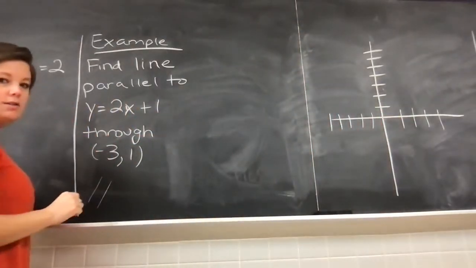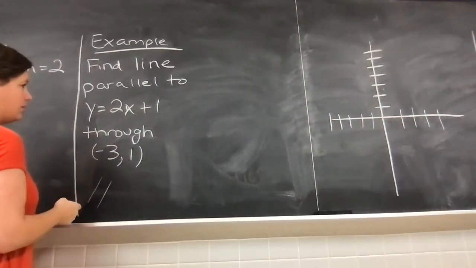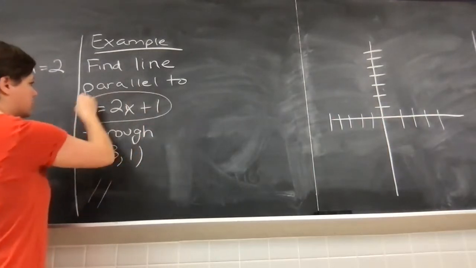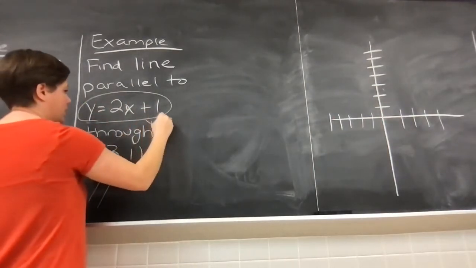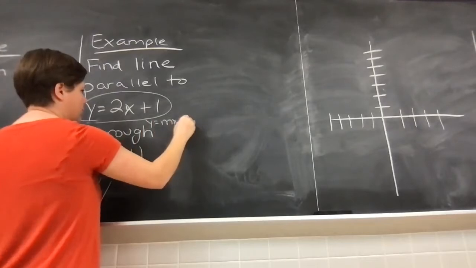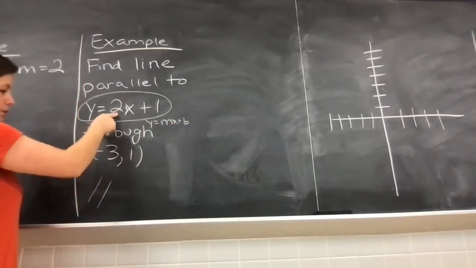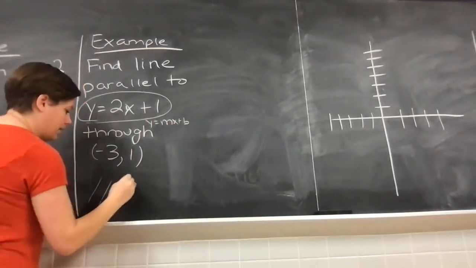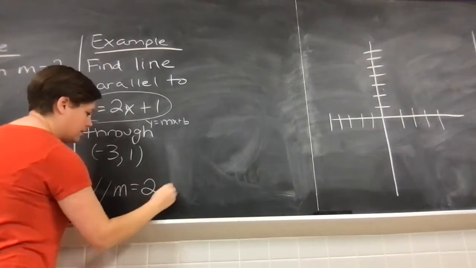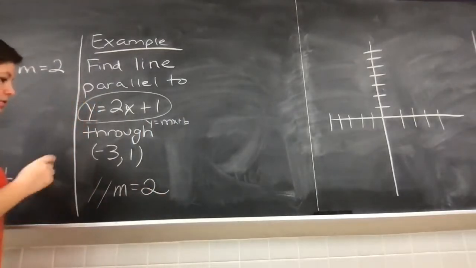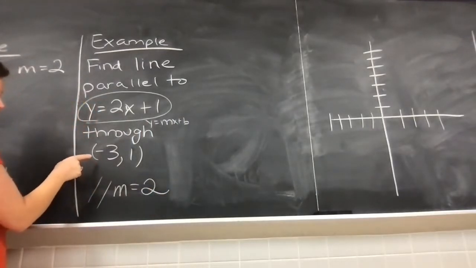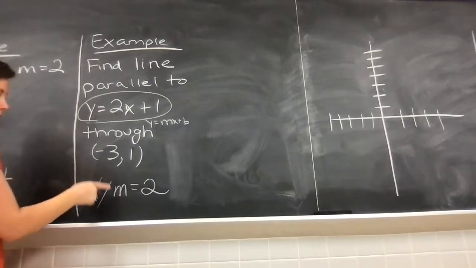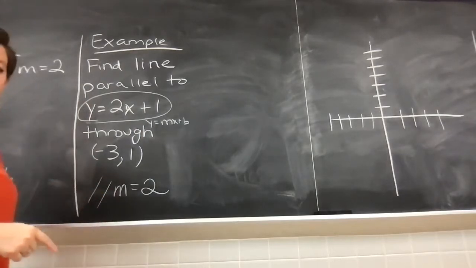So then what is the original slope that we are dealing with? Well, this is written in the y equals mx plus b form. That means our m is 2. So that means our parallel slope is also 2. So now we need a line through the point -3, 1 with a slope of 2.